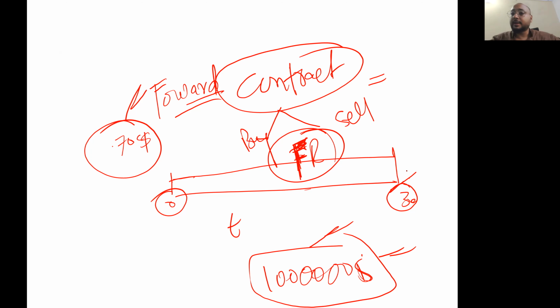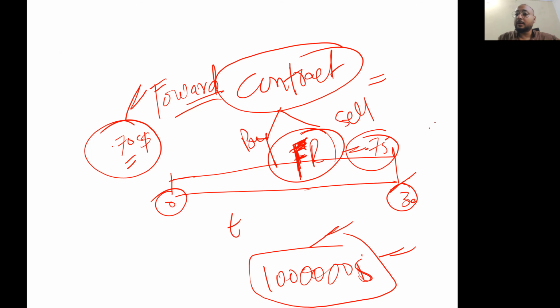No matter what the rate is in the market, for example, they contracted at 0.75, so for $1 they will buy from the seller at 0.75 Canadian dollar per dollar.